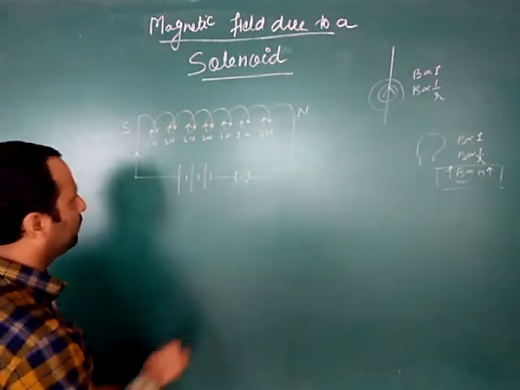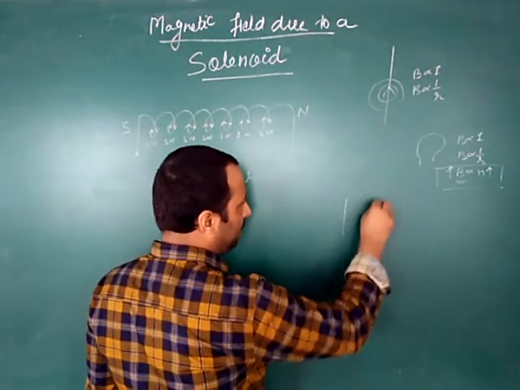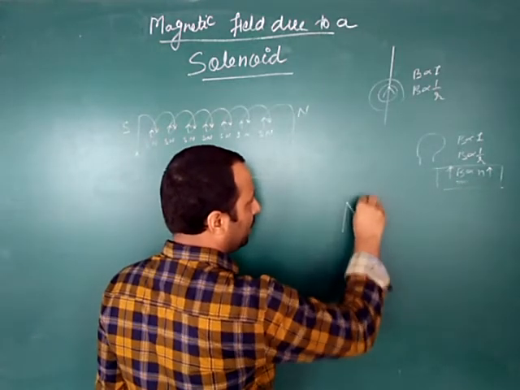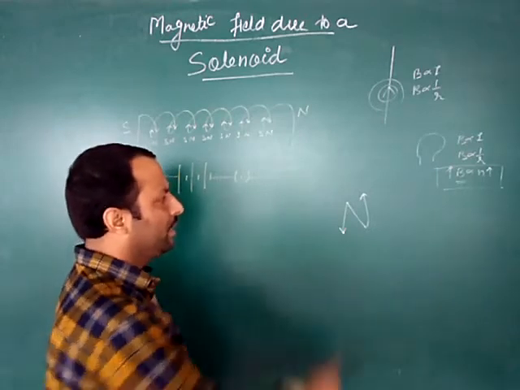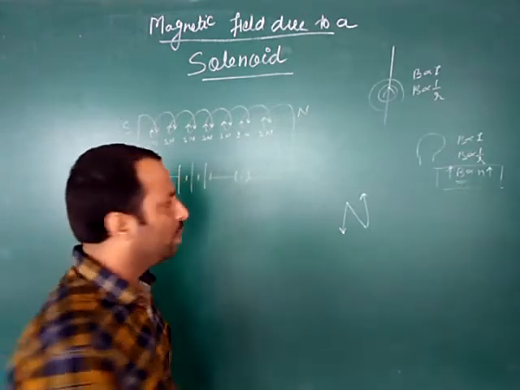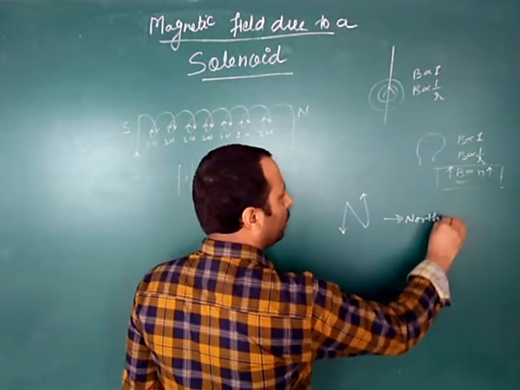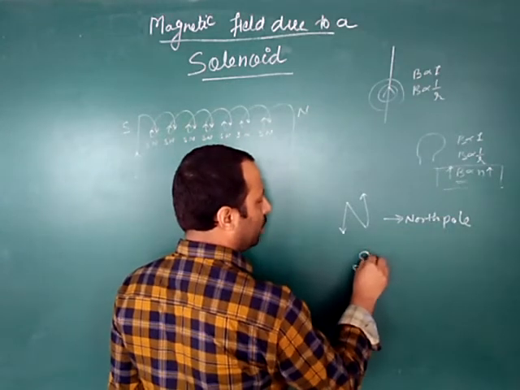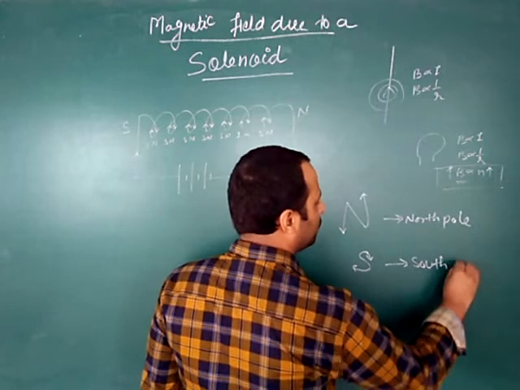You might have learned about the clock rule. Clock rule means if the direction of the current is anti-clockwise, then this end will behave like a north pole, and if the direction of the current is clockwise, then this end will behave like a south pole.